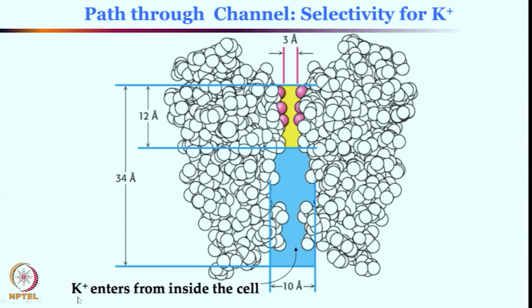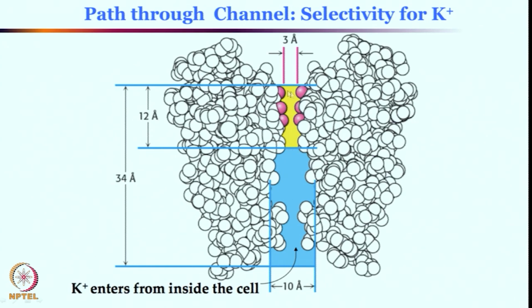Potassium plus from inside the cell we are going to get outside the cell, but this is not through a pump, this is by simple diffusion. As you can see, the passage is wide in some places and very narrow in some places.